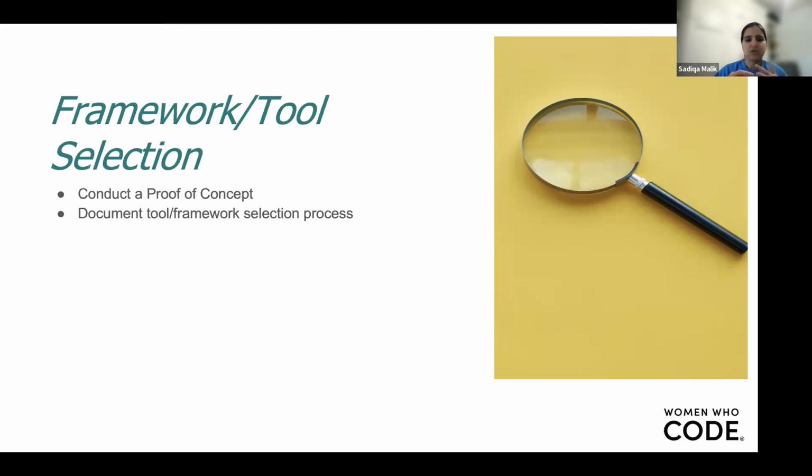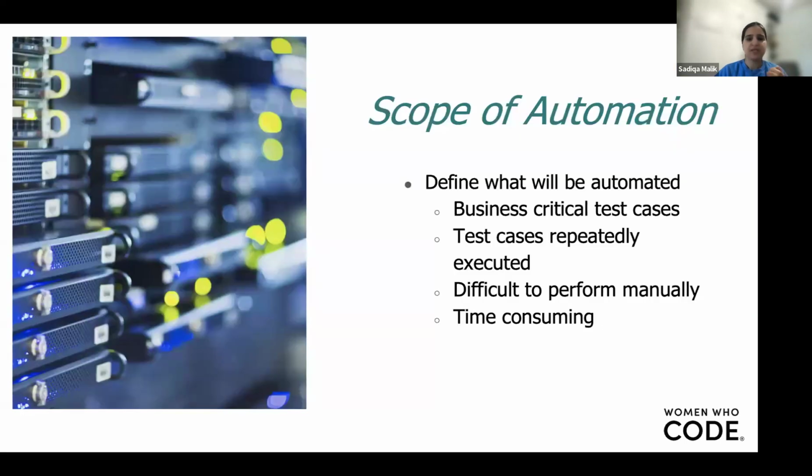So now that we've talked about tool selection and the framework selection, you have picked a tool, you've decided which framework structure works best for the application that you're going to test. You need to define the scope of your automation, right? What are you going to automate? So make sure that when you start your automation process, in your scope, you clearly define what test cases you're going to start with or what test cases you're going to prioritize for your automation.